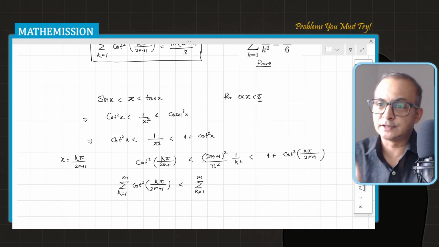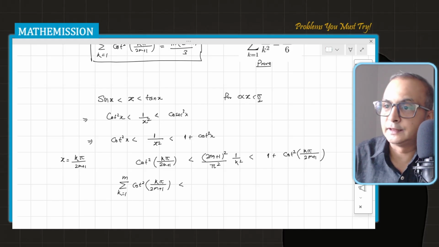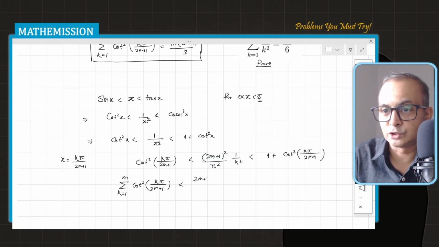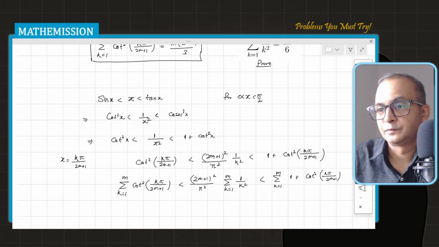And this is a constant, because k is here only, so this term I'm talking about can be treated as a constant, because it is independent of k, so I can keep it aside. So 2m plus 1 whole square by pi square, and summation k goes from 1 to m, 1 by k square, and this is again summation k goes from 1 to m, 1 plus cot square k pi by 2m plus 1.